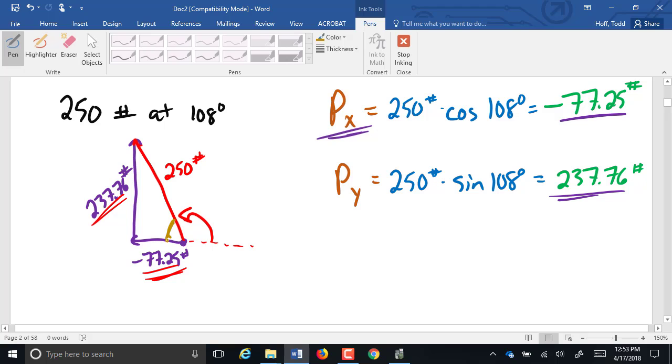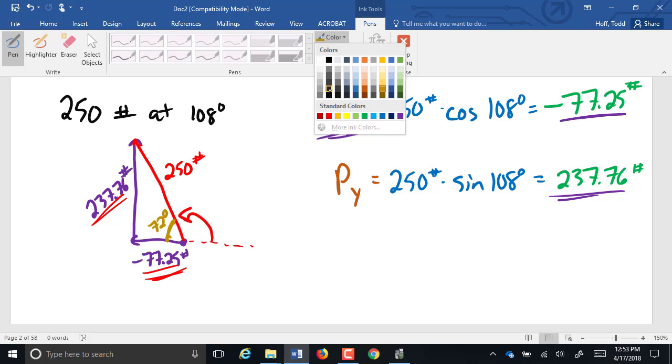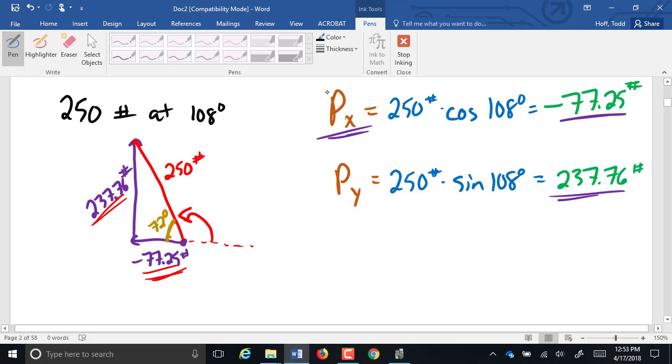They're supplementary. The reference angle here would be 72 degrees. So there are actually two other vectors that would have those same components, just maybe different by positive or negative.